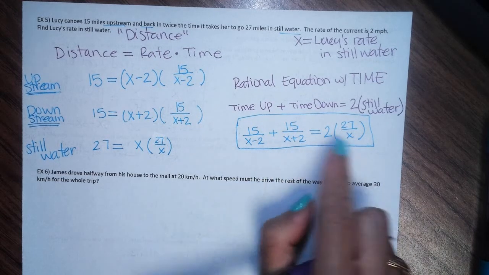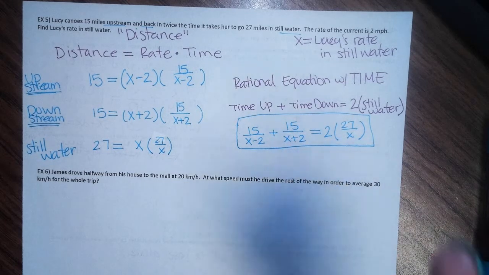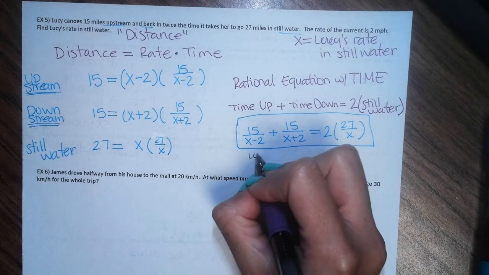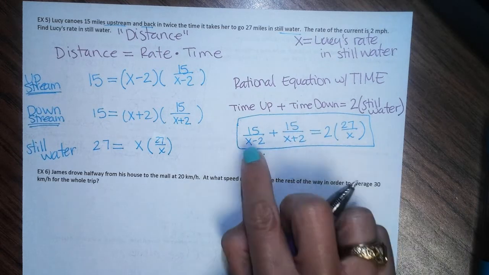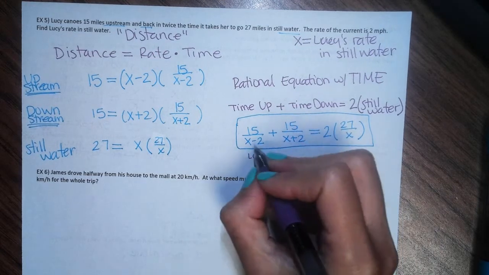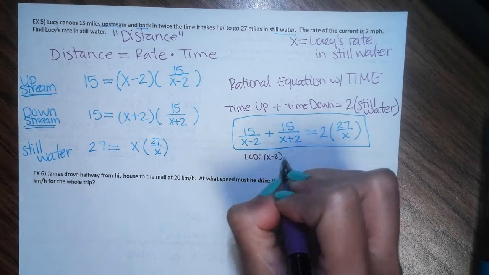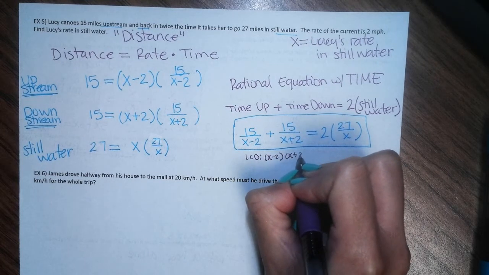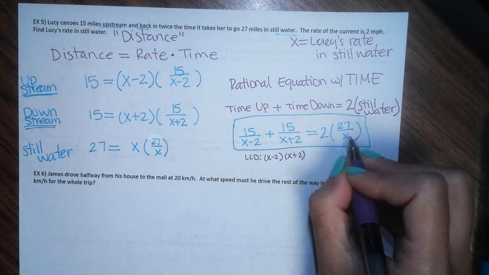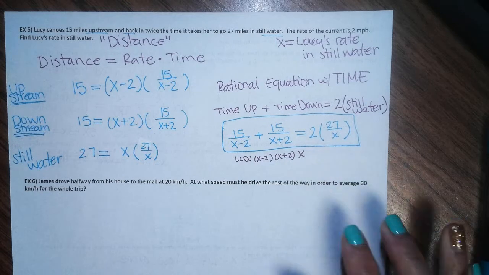If you were to try to solve this equation, you first need to multiply by the LCD, like I've been doing. The LCD between these fractions is going to be x minus 2 times x plus 2 times x.